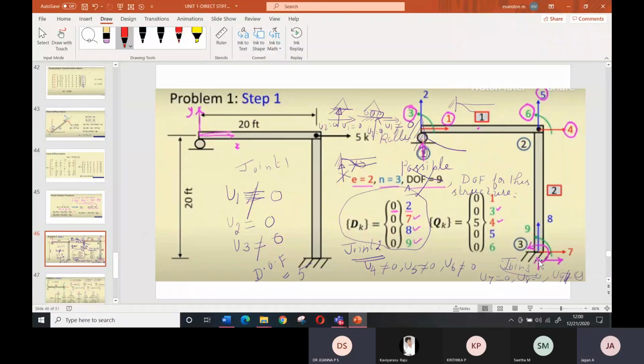Ma'am, for degree of freedom, whatever is not equal to 0, we should take that only, ma'am. Whatever is not equal to 0, that is the degree of freedom. What's the meaning? Degree of freedom means the number of rotations, vertical and horizontal displacements.